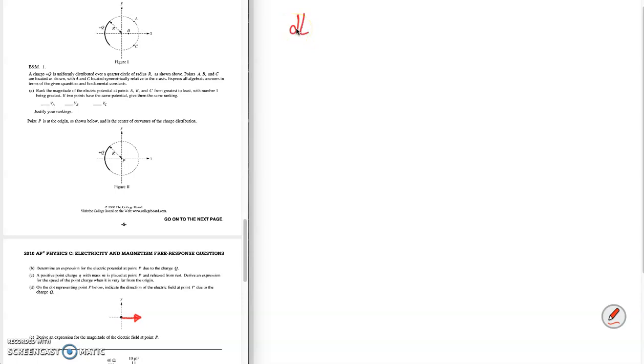So the electric field is going to be K dq over R squared, and we need to have an R hat here. And this is going to be from 0 electric field to the full electric field that's parallel to the axis, in this case directly to the right.